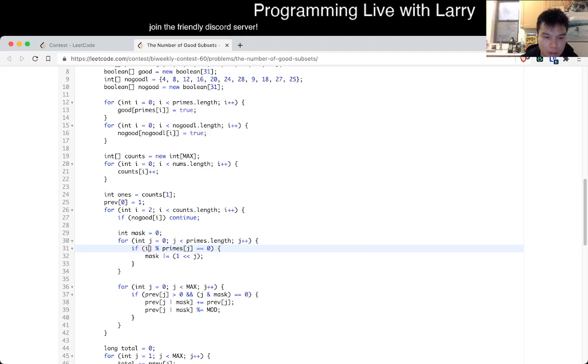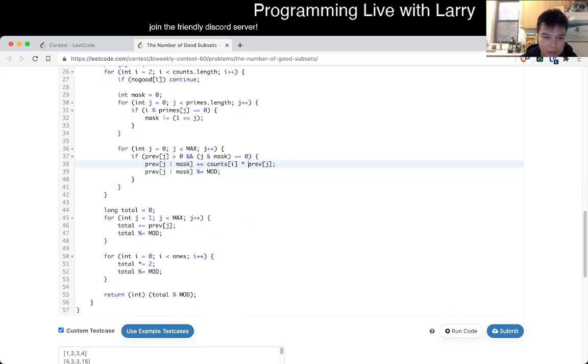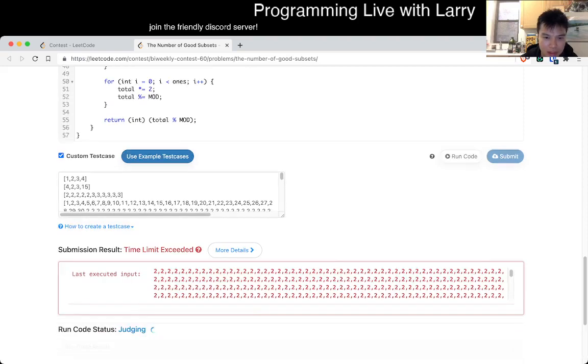So let's get the current mask, and then now this. What does this mean? This means that we can have count number of them, right? So something like this, maybe. I am actually not confident about this one, but we'll give it a spin because the spinning is free.